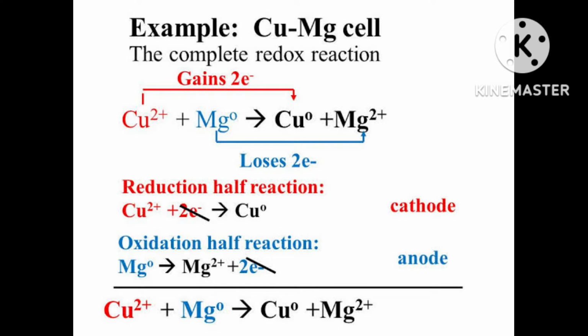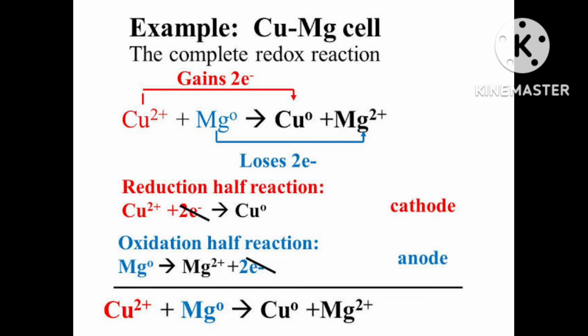Now if you add both the oxidation reaction and the reduction reaction, what will happen? For oxidation, the electrons were on the right side. Now copper has taken 2 electrons, so they are on the left side.